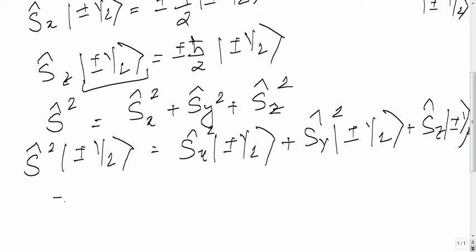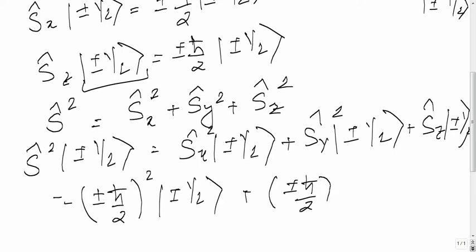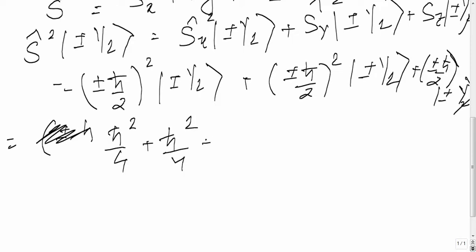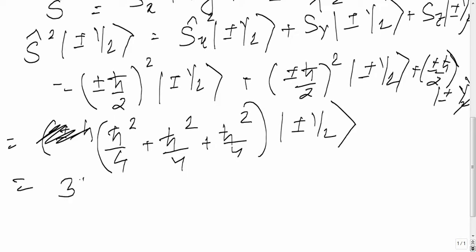So this is equal to plus minus h bar by 2, two times, because we are applying this operator 2 times, plus minus h bar by 2 whole squared on the plus minus half state. So we can rewrite this as squared, so the plus minus would disappear, and this would be equal to h squared by 4 plus h squared by 4 plus h squared by 4, and the state plus minus half comes out, and this would be equal to 3 by 4 h squared.